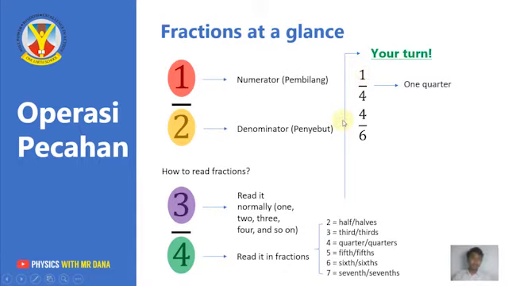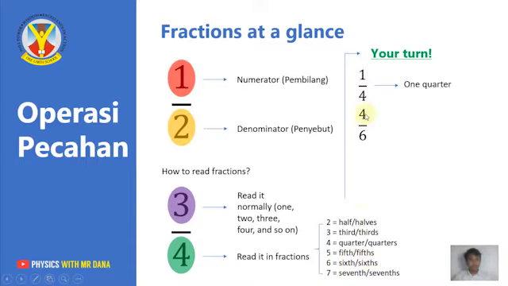Next, 4/6. How do you read 4/6 in English? Again, you read 4 as normal, 4, and you read 6 by looking at the options. You have two options, either sixth without s or sixths with s. Which one will you choose?